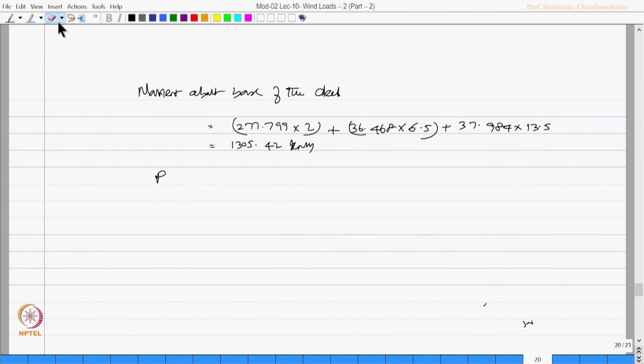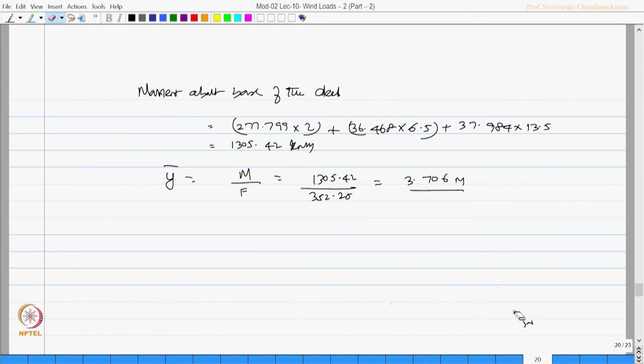Therefore, Y bar CG is going to be M by F, which is 1305.42 by 352.25, which is 3.706 meters.